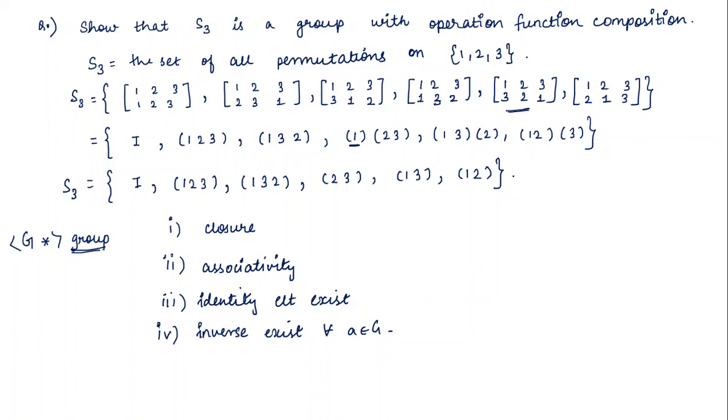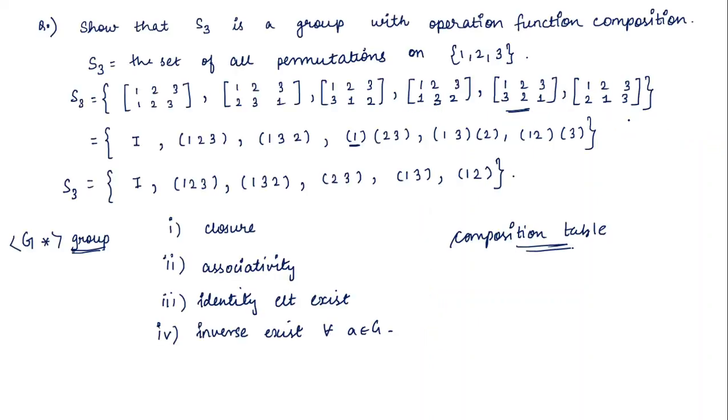Let us start with closure, and in fact it is better to show that it is a group using a composition table, also known as a Cayley table. We will show using the composition table that S3 forms a group. For that, let me draw a table.